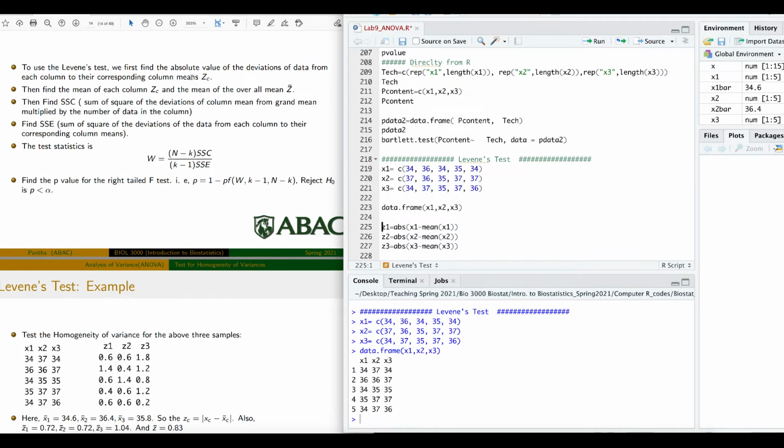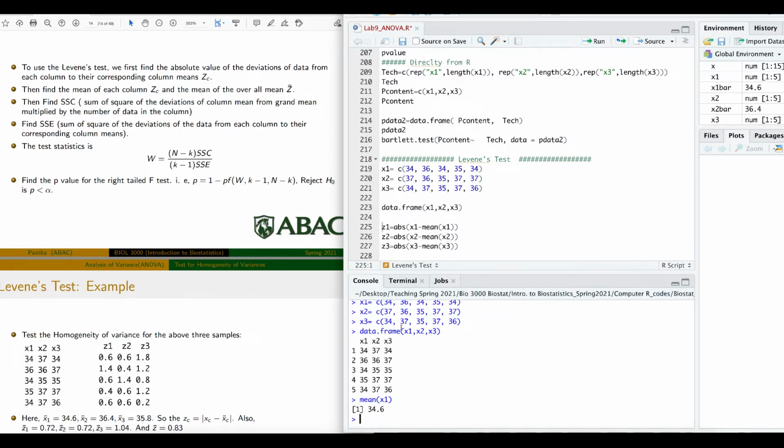It says that we need to find the absolute value of the deviations of the data from each column to their corresponding column means. So what do you need to do? You need to find the mean of x1, mean of x2, and mean of x3. The mean of x1 will be 34.6.